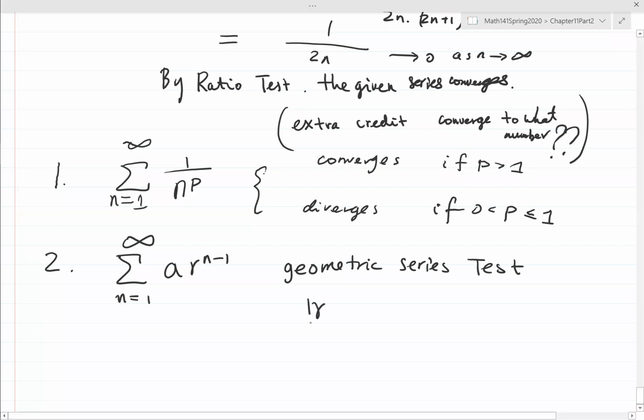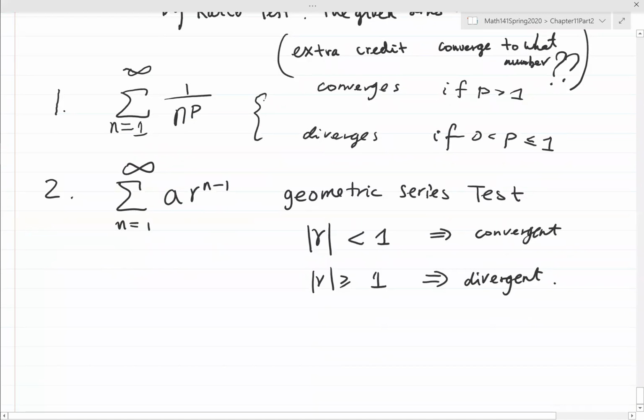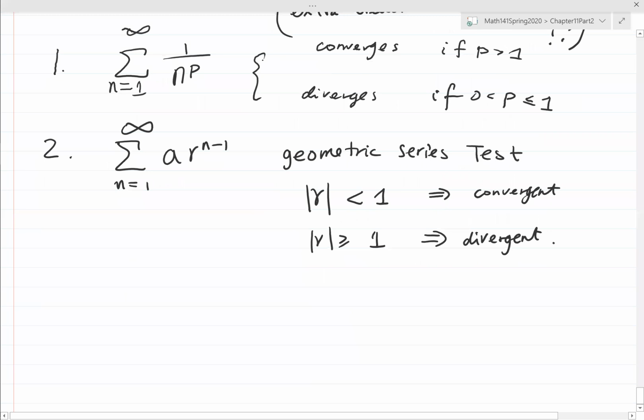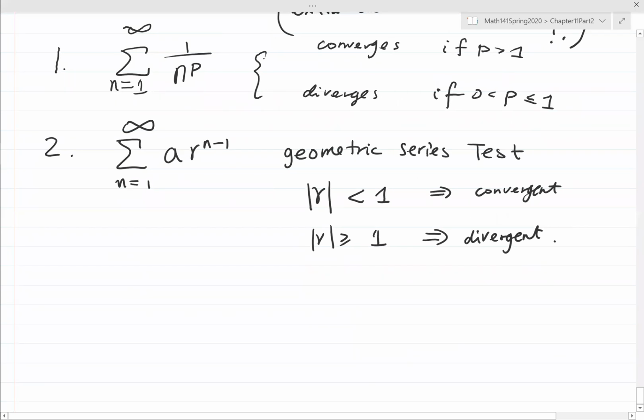The geometric series test says if the absolute value of the common ratio r is less than 1, the series is convergent. If r is greater than or equal to 1, this means divergent. So these first two have good symmetry, and then we can easily determine their convergence.